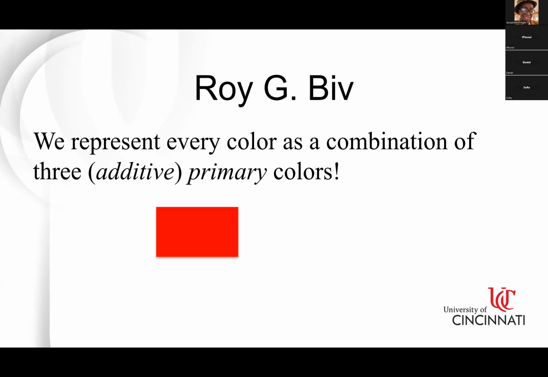The primary colors that we're going to work with are red, green, and blue. And every spot in our image is going to be some combination of a certain amount of red, a certain amount of green, and a certain amount of blue.